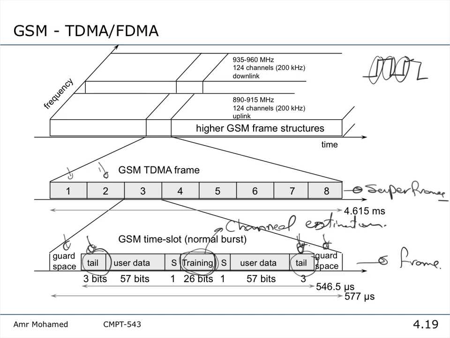So for channel estimation, we use pilot signal or training sequence. And here, GSM uses training sequence. So these are specific training bits that are agreed upon between the mobile station and the base station.